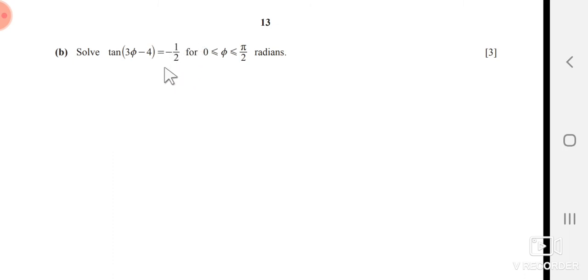Then calculate the basic angle, and then mark the quadrant where you have negative values, and then give all the answers in the range which you produced for this angle, and then give the corresponding angles. At the end of the day you need to add 4 again to put all your answers equal to 3θ, and then give the possible answers for θ.